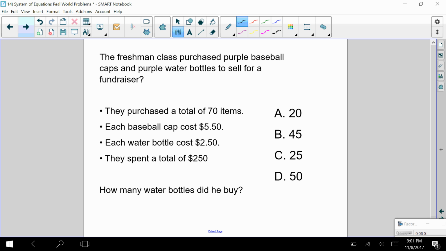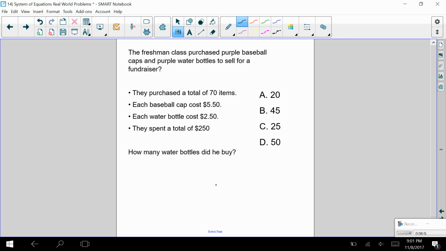The freshman class purchased purple baseball caps and purple water bottles to sell for the fundraiser. So we have two unknowns. Whatever they're asking, the number of water bottles, goes first. The other thing we sold were caps or hats. Same thing. We know one of my answers is going to be one of these, so I'm going to type those in.